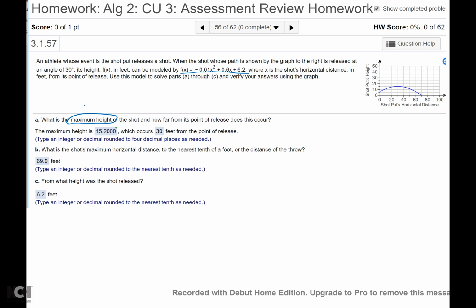Anytime they ask you for a maximum, they're asking you for a vertex. To find a vertex, I need h and k. Well, my function is negative 0.01x squared plus 0.6x plus 6.2. So my a is negative 0.01, my b is 0.6, and my c is 6.2.